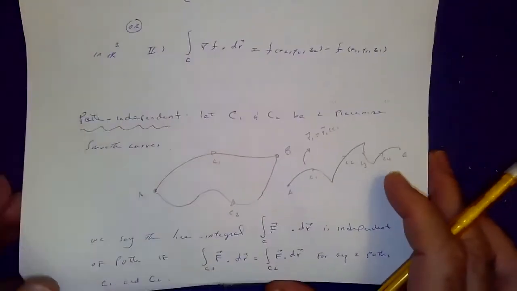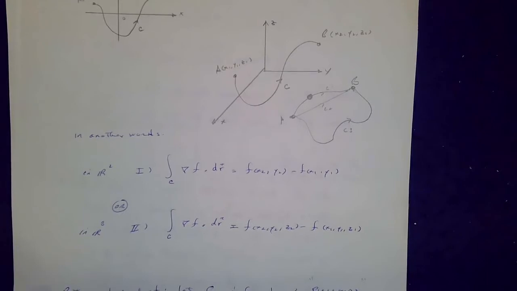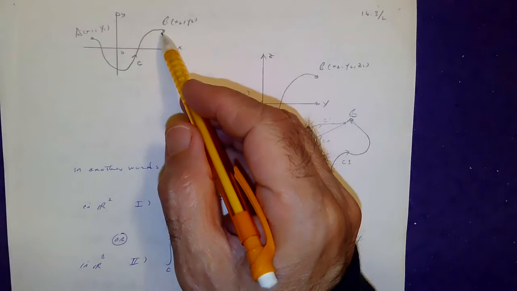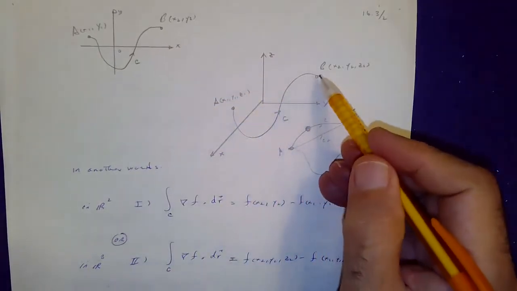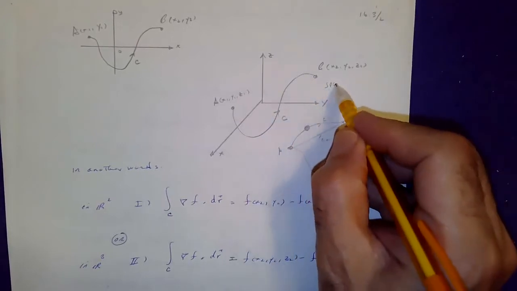So if you are in 2 dimensions, this is the curve C. The path can also show up in 3 dimensions, so that would be a space curve, correct?